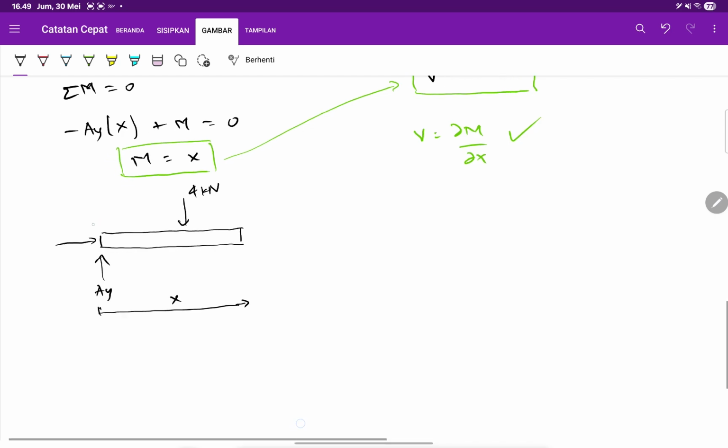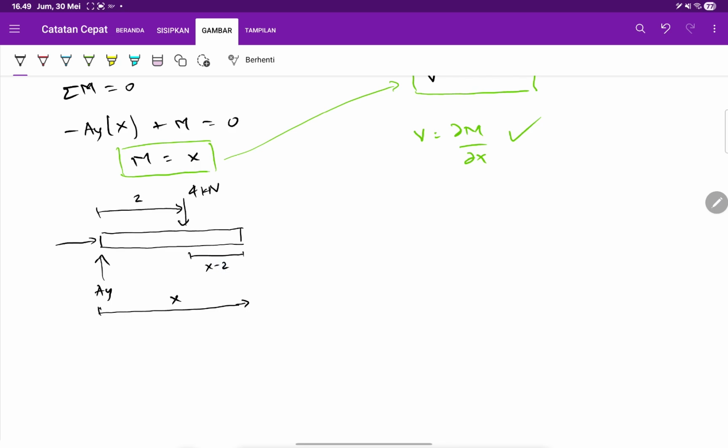But one thing we know is that this distance is 2, because it's defined. So this distance from the 4 kilonewton load to the section is X minus 2.